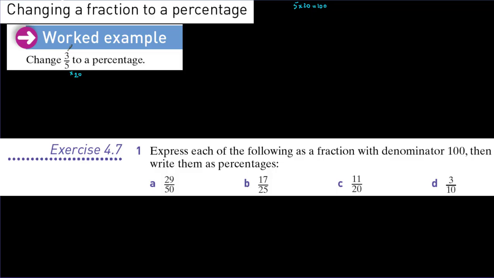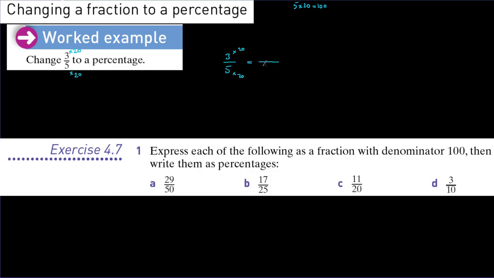But as you know, if the denominator is multiplied by 20, to keep the fraction the same, you should multiply the numerator by 20 also. So 3 over 5, the numerator should be multiplied by 20 and the denominator should be multiplied by 20.